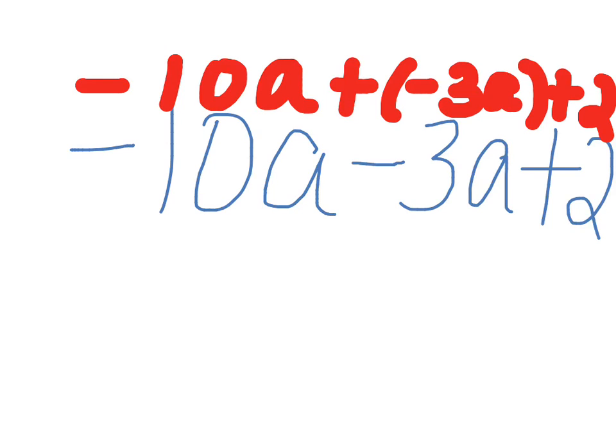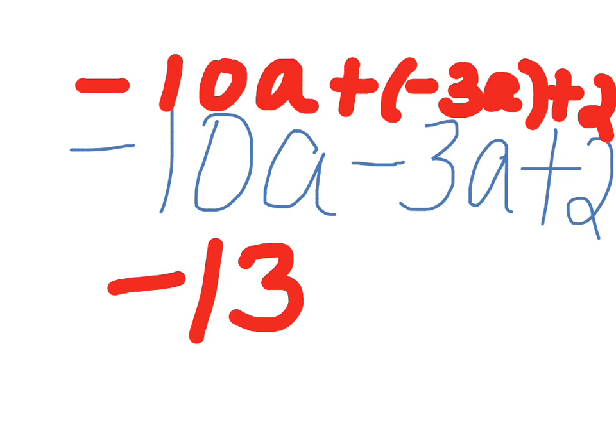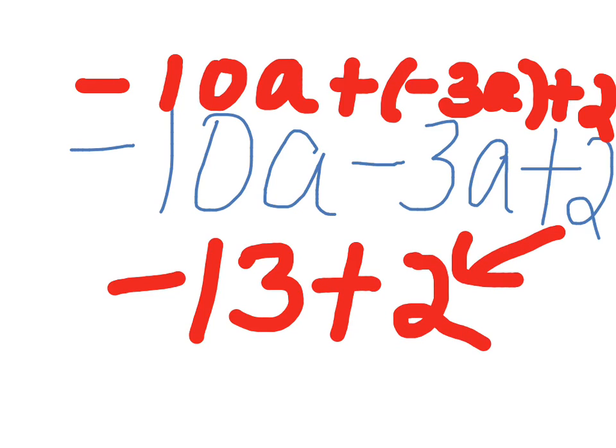So negative 10 plus negative 3 is going to be negative 13, because negative plus negative is negative. And then you just bring this down. Oops, we forgot to put a in here. So the answer is negative 13a plus 2.